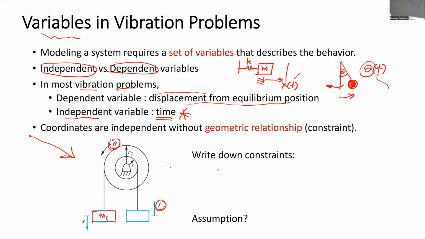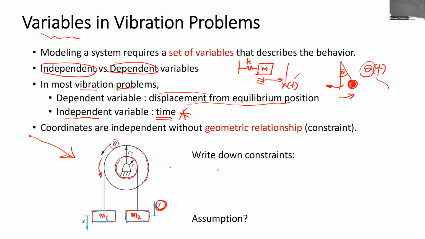The coordinate y describes the position of M2. How about the theta? It describes the rotation of the pulley.